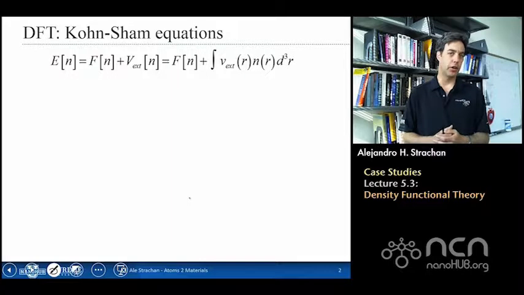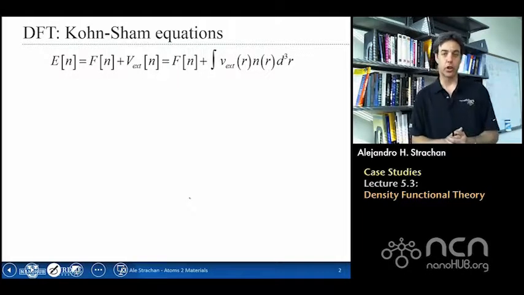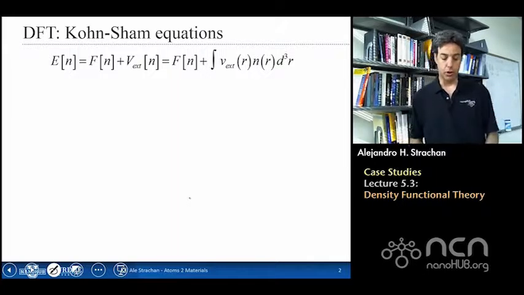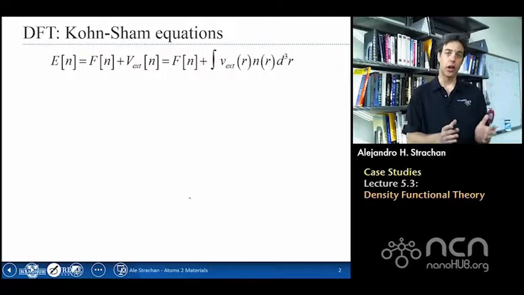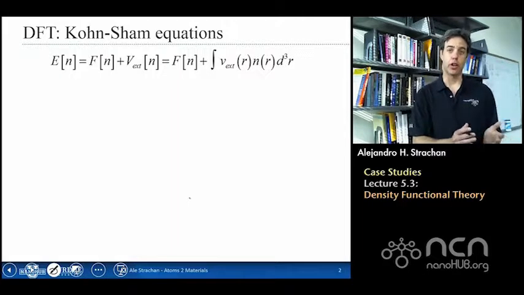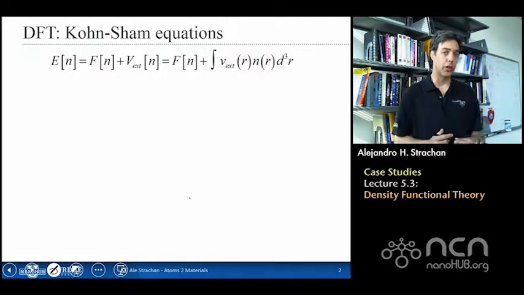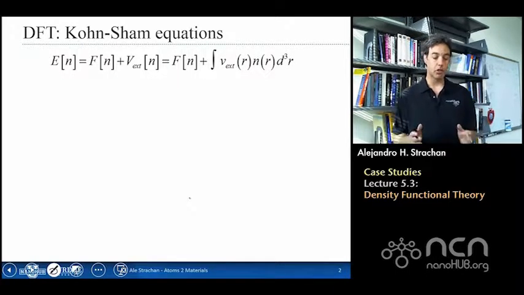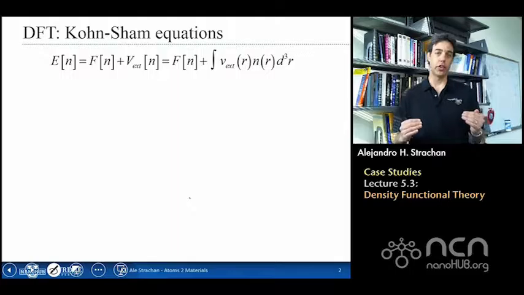We're going to describe very briefly the Kohn-Sham approach and the Kohn-Sham equations. Just to sum up what the problem is: finding the energy functional, or a good approximation to the energy functional, which is what we're going to end up doing. So far the theory is exact.